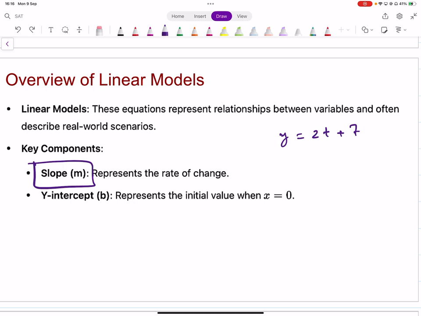Generally that's going to be the case where one variable will be time. Now what does this 2 represent? 2 represents the rate of change of y with respect to t. That means for every 1 unit change in t, how much is y changing?